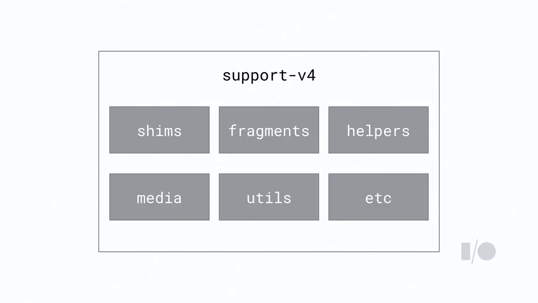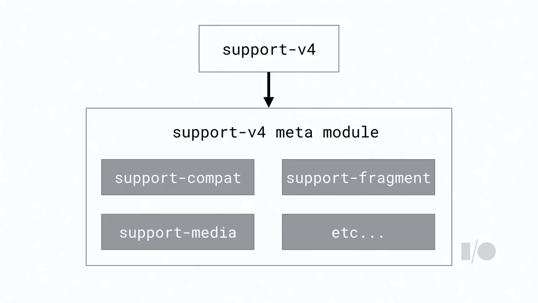So we're going to be breaking that up into more focused modules. The important thing here is that we're going to hold your hand through this process. We're not changing any of the package names. I should also mention, for the minimum version change, we're not changing any of the package names. So support v4 is still support v4.